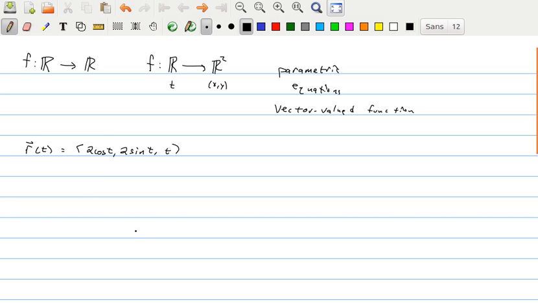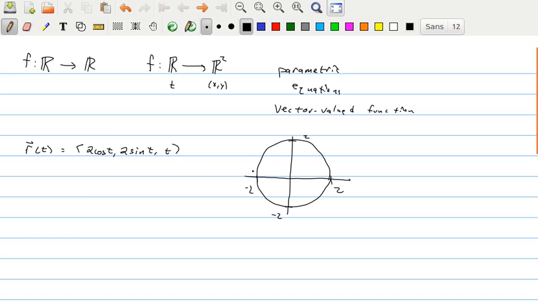If we were to ignore the t, if we were just to get rid of this last coordinate, we would see that x equals 2 cosine t, y equals 2 sine t. And if we eliminate the parameter, you see that gives you a circle of radius 2. So we've got 2 in the x and the y.